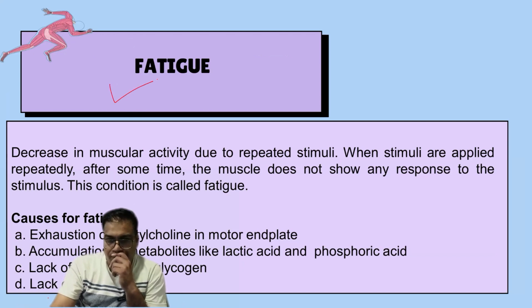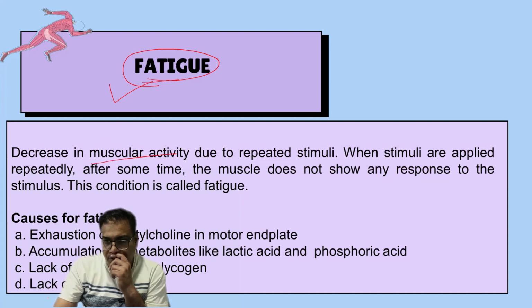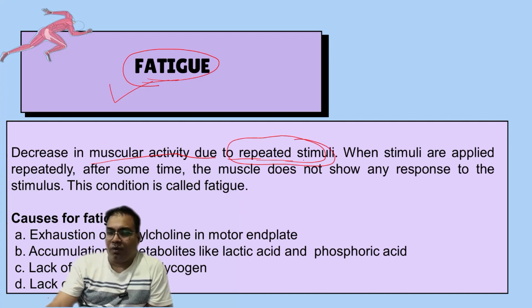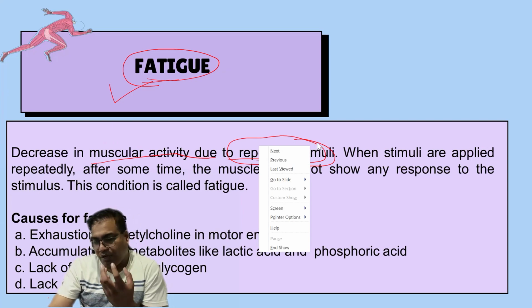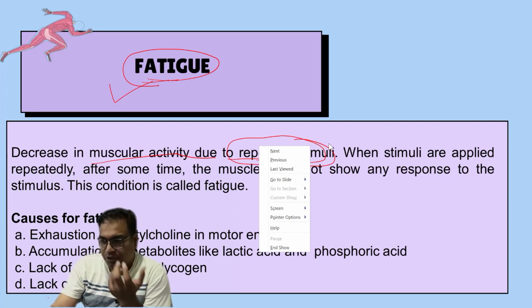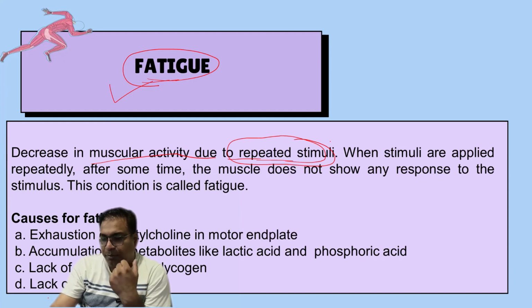Now come to the next property, which is fatigue. It is a decrease in muscular activity due to repeated stimuli, because we were having two categories. The first one, if we are applying two stimuli, then we observe summation and the beneficial effect.